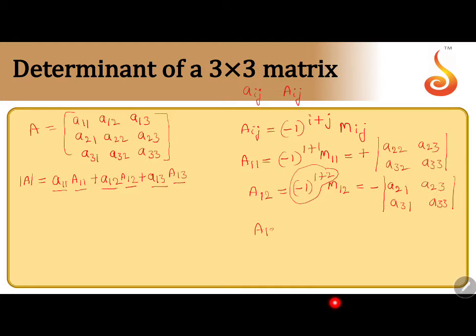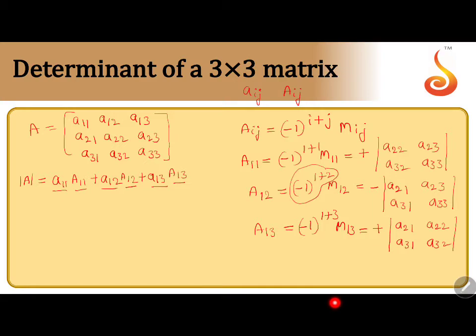Next A13, minus 1 whole power 1 plus 3 into M13. Minus 1 whole power 4 plus. M13, eliminate first row and third column. Remaining elements A21, A22, A31, A32. So these are the cofactors of the first row elements.